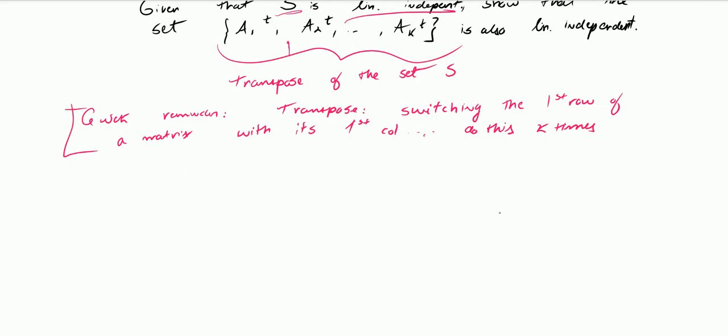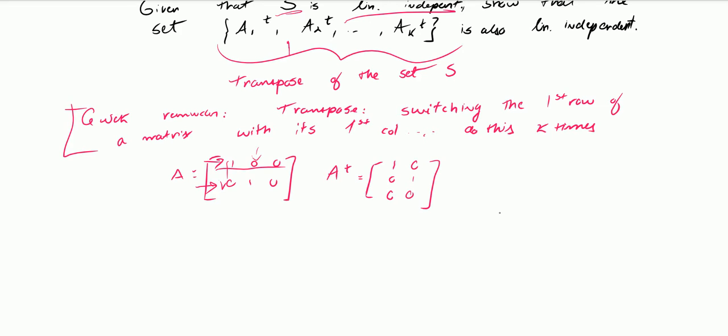For example, if my matrix is 1 0 0, 1 0 0, 0 1 0, then for A transpose, you take the first row and switch it with the first column, right? And you take the second row and switch it with the second column. So you'll have 1 0 0, 0 1 0.